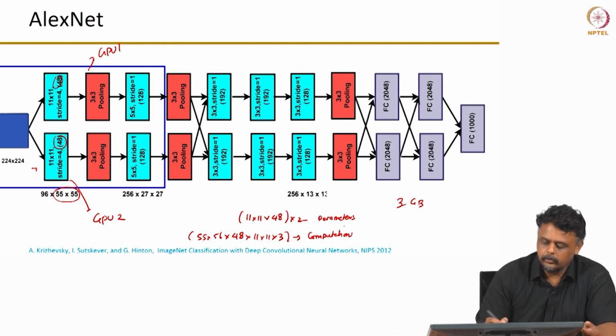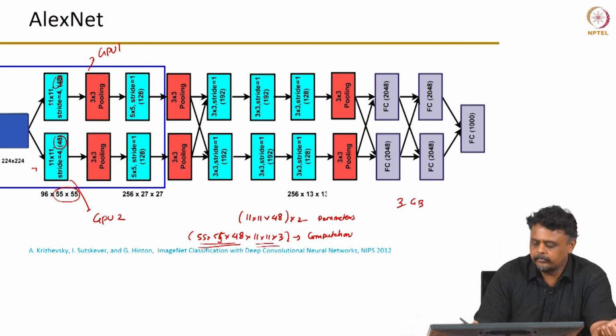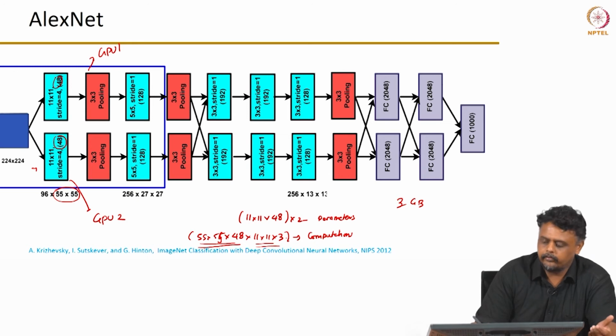So, basically 55 cross 55 cross 48 outputs, and for each output we need to perform 11 cross 11 cross 3 multiplications. I have ignored the additions that we have to do because it is the sum of products. You can put in a factor there for it if you want to, but this is the typical way to calculate the number of computations.